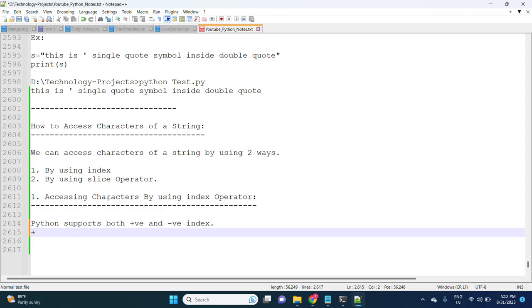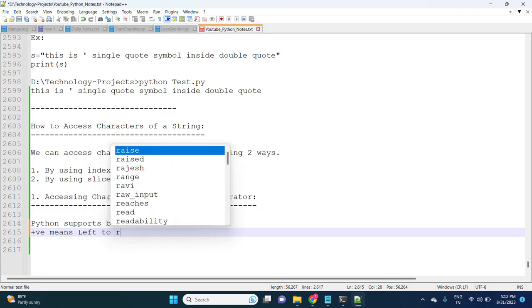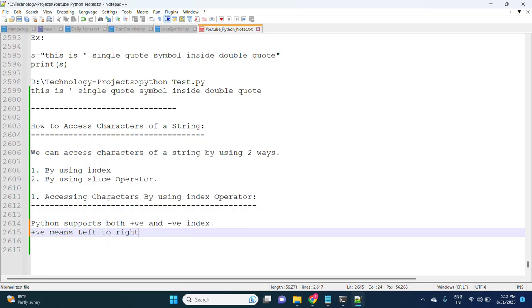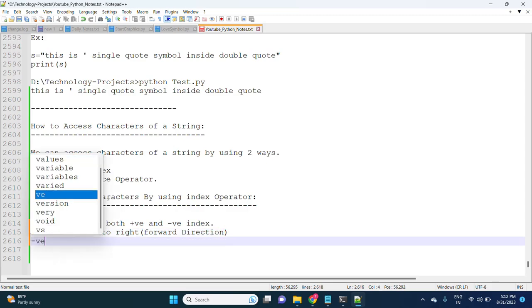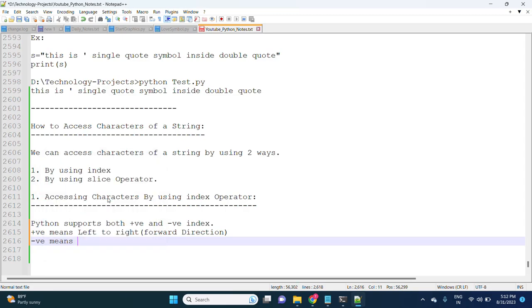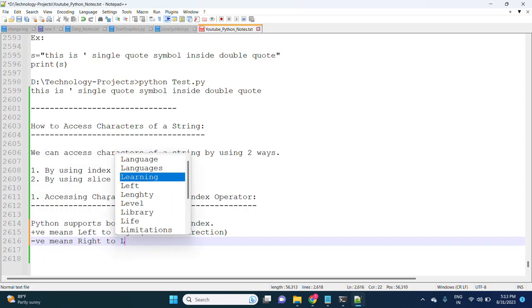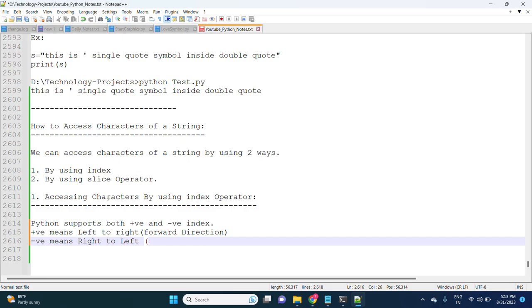Positive index means left to right, that is the forward direction. In the same way, negative means right to left, that is the backward direction.